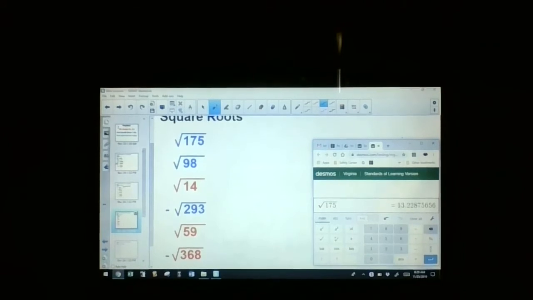Okay, when you do the square root and you get a decimal, one of the things you should know about square roots is that if it's not a perfect square, like if it's not a number that gives you just a plain number at the end, an integer, then it is going to have a decimal that goes on forever and ever.